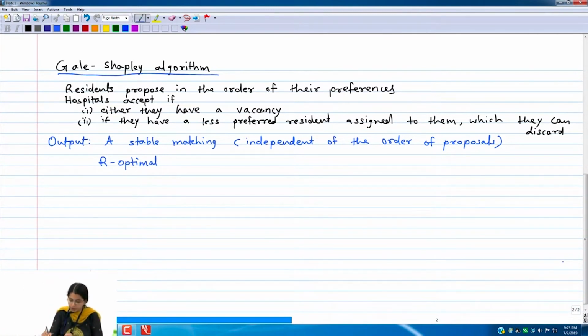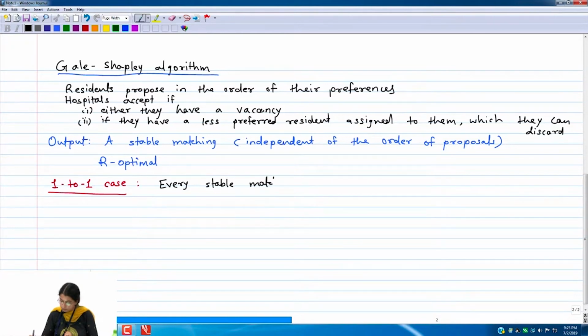Let me recall this result from the one-to-one case. By one-to-one case, I always mean the men-women case where everybody got one partner. So here we saw that every stable matching leaves the same set of people unmatched.